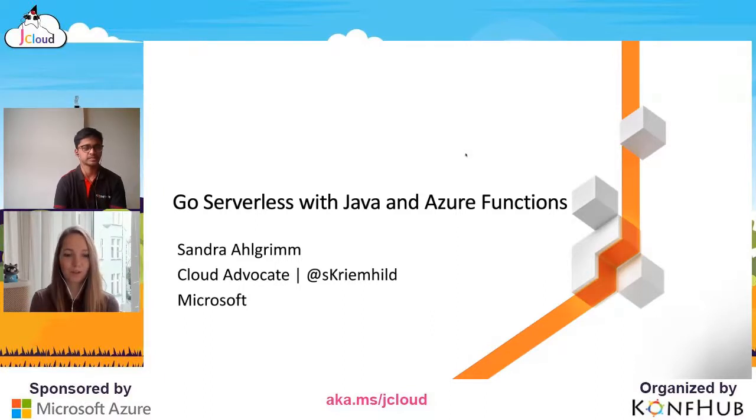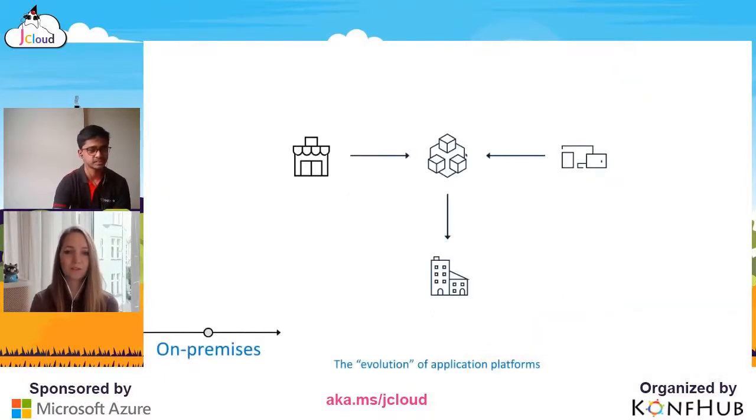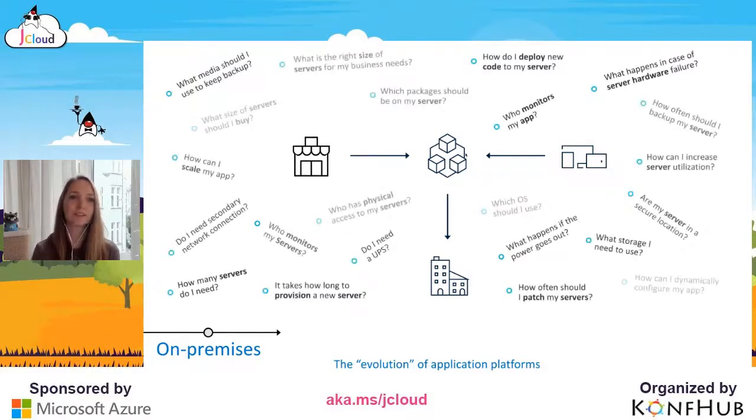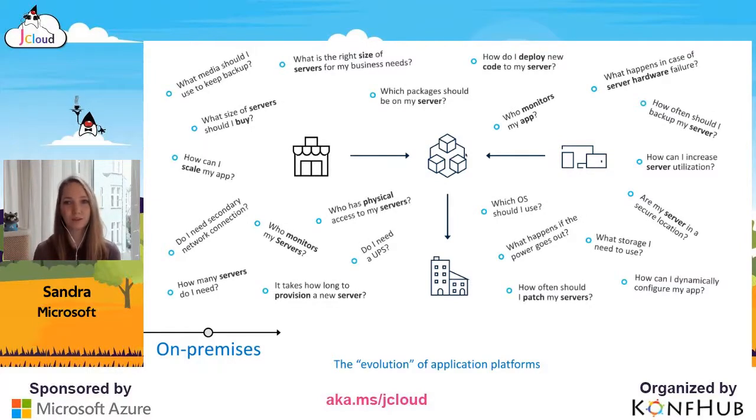We're going to start with the evolution of application platforms. First, we were all on-prem, where we had our servers right behind us in another room or in the cellar if we had more servers. And there we needed to care about all those things. How do I deploy new code to my server? Who's monitoring my apps? Who has physical access to my servers?